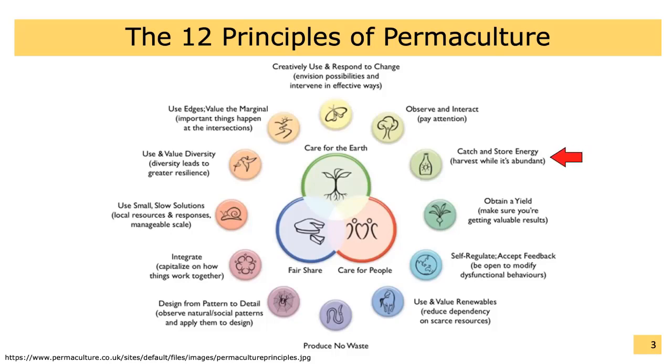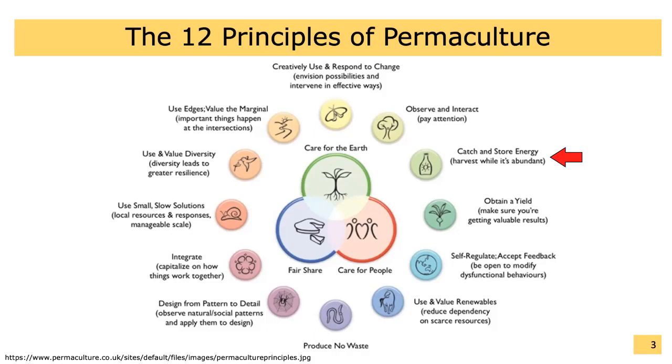Catch and store energy. This principle recognizes unequal distribution of resources in a given year and suggests that resources such as water be conserved when they are available in plenty so that they are available throughout the year. For example, water conservation was practiced by people that inhabited the wet regions of the Mayan civilization, arid regions of the Persian civilization, and dry regions of the Indus Valley civilization.